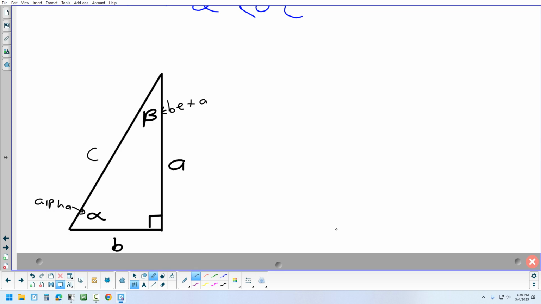Now, you can draw your triangle facing any way you want. That's fine. The only thing that's important is when you label it. Wherever you put A, put alpha opposite. You have to keep A and alpha opposite because the formulas I give you won't work if you don't.